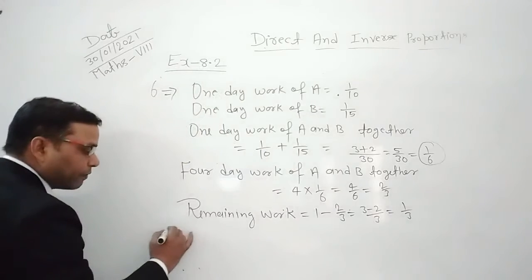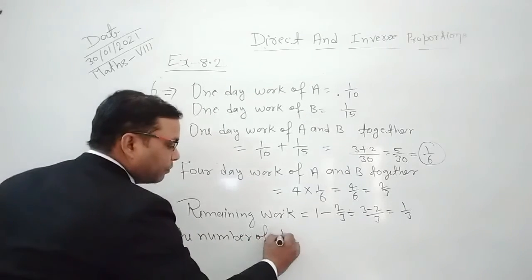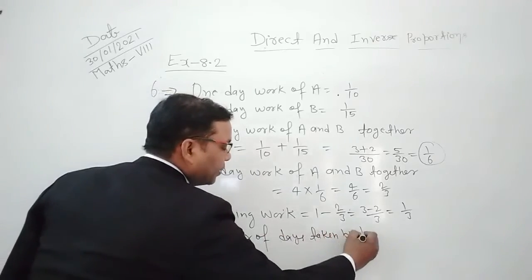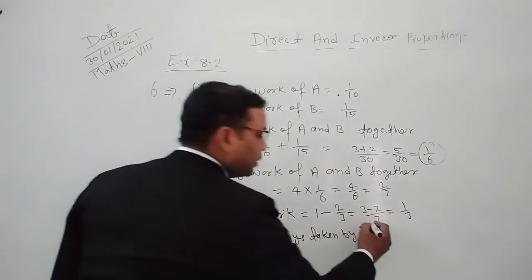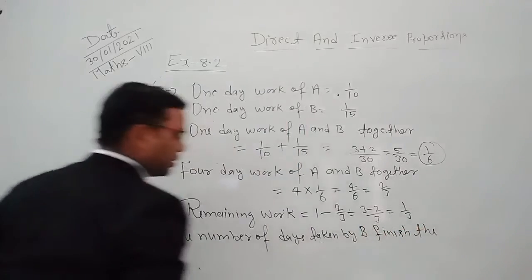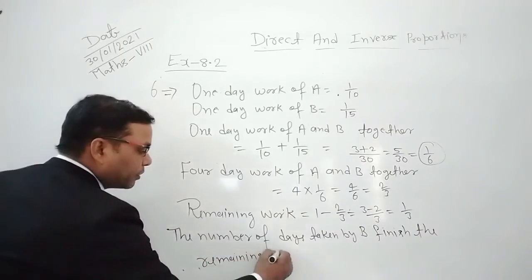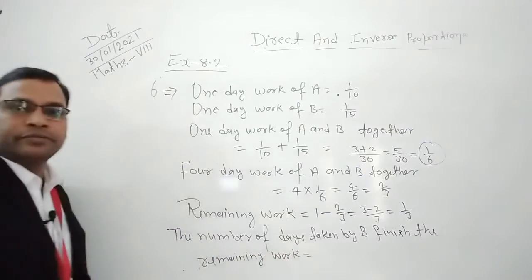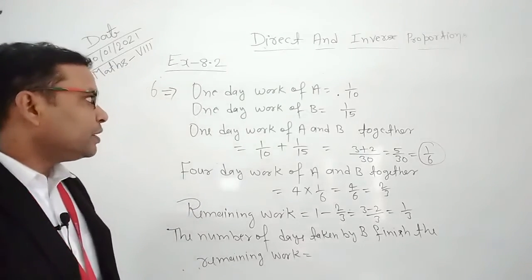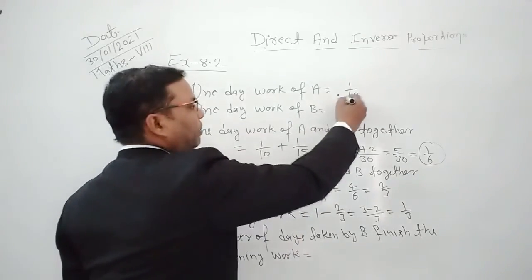B completes the whole work in 15 days, so the 1 day work of B is 1 upon 15.